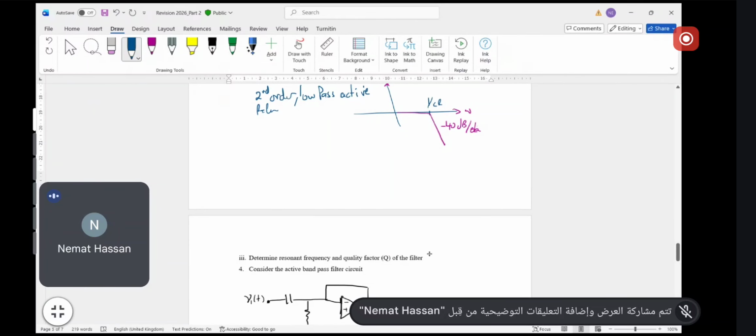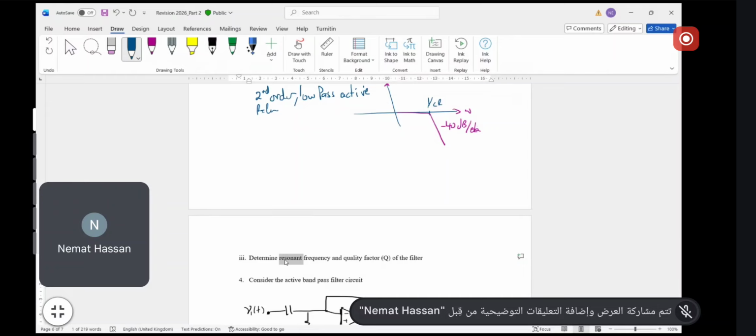Can you determine the undamped natural frequency and the damping ratio of the filter?